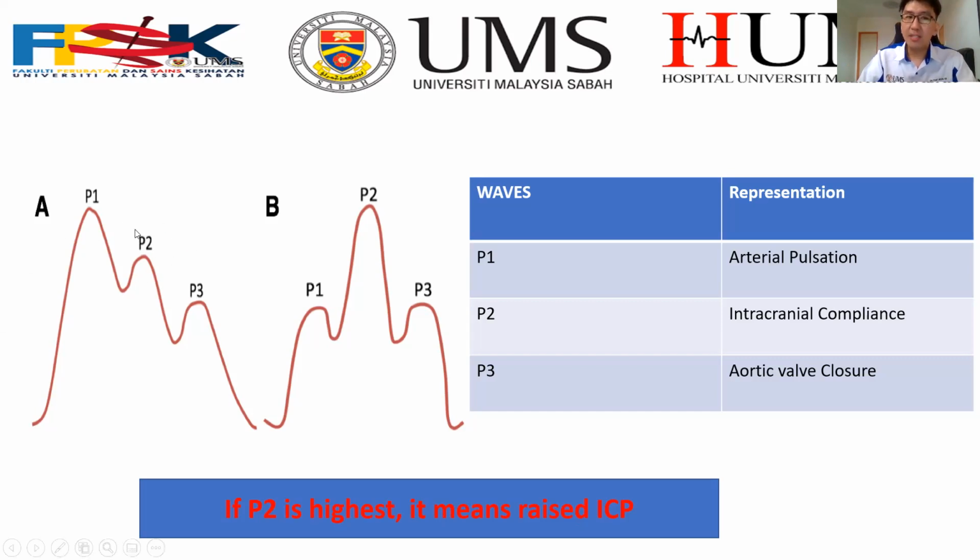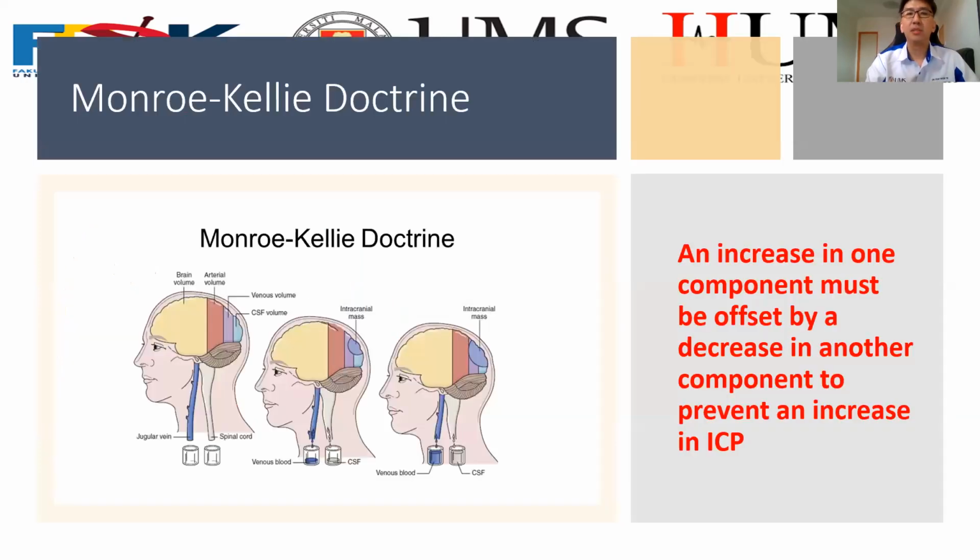So our interest is in the P2. When the P2 is severely increased, like in an increase in intracranial pressure, intracranial compliance is reduced, so there is an increase in the pressure here. This is a dangerous sign, which means that the ICP is raised. So this is an ICP waveform.